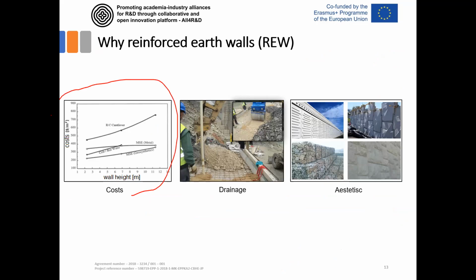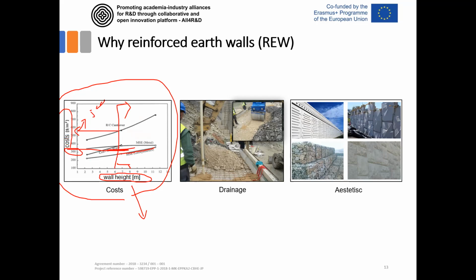One interesting diagram compared the costs of the wall in dollars per square meter of the face of the wall, depending on the wall height. When you have relatively deep walls over 6 meters, you will see that the geosynthetic reinforced earth wall costs about $300 per square meter, while the cantilever walls are about $500 per square meter.